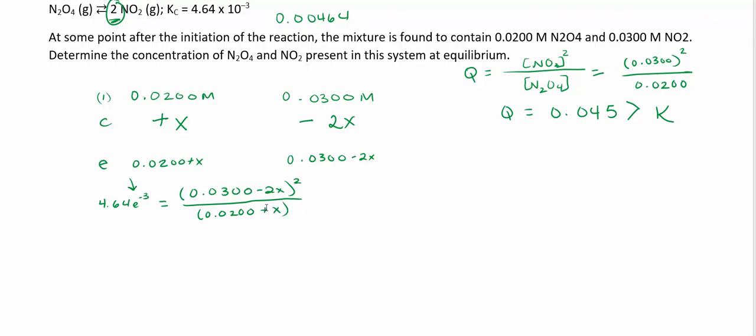So this is one of those times where you can't simplify anything and it's just not going to work out all nice and pretty, like by taking the square roots of both sides. That's not going to work here. So we do need to multiply both sides by the denominator. So I will write it out the long way.